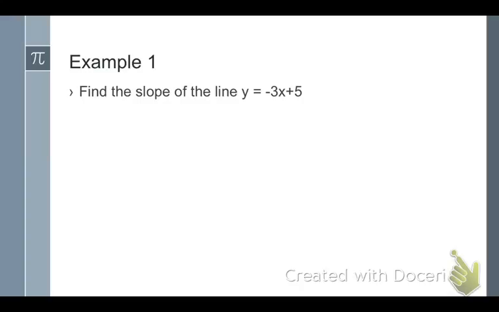So that was a graph, and that's what the slope and the intercept mean on a graph. Now, what if you're given this equation? Now, in order to be in slope-intercept form, the y must be isolated. You'll have y equals some number times x plus 5. The number in front of the x is always the slope, and that includes the sign of that number.